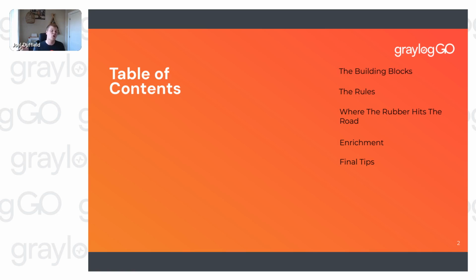Next, we'll cover what these rules are that we're going to use to decide what should and shouldn't be fed into Graylog. Then we're actually going to get down to some specifics. We'll talk about different kinds of sources, why we would feed them in, things of that nature. We'll touch a little bit on enrichment, not so much the actual how of enrichment.